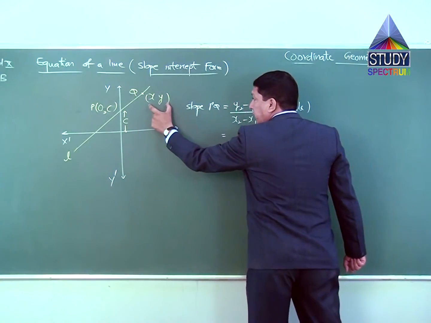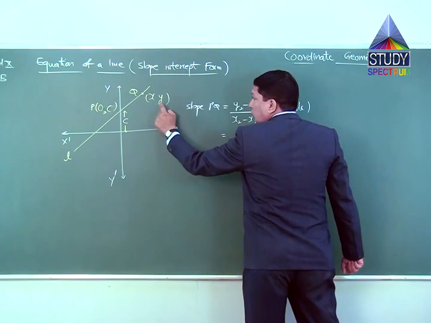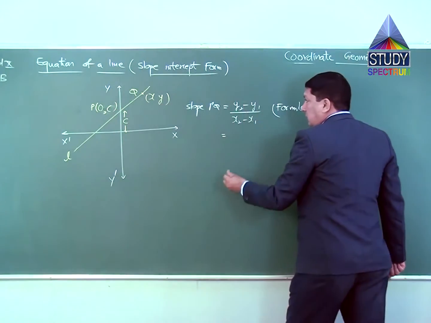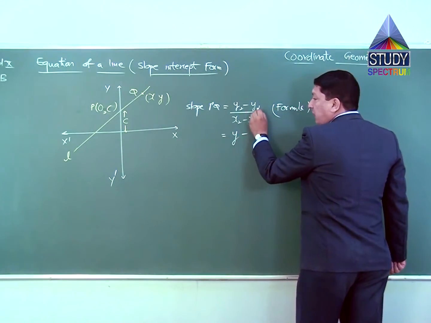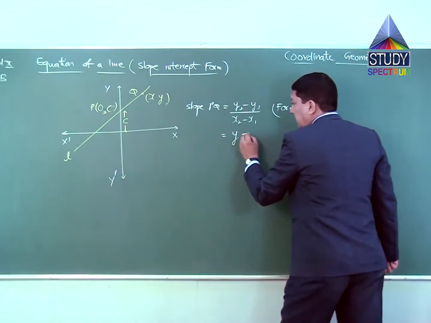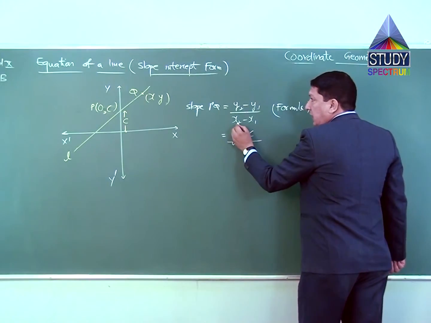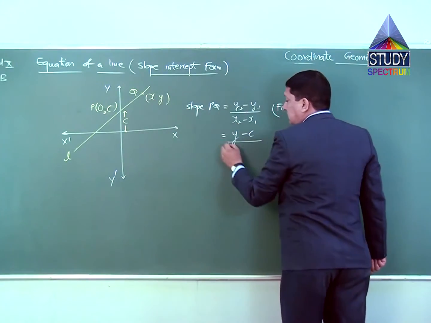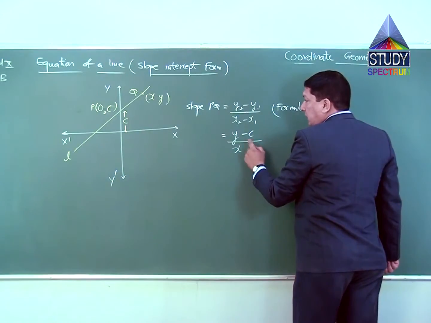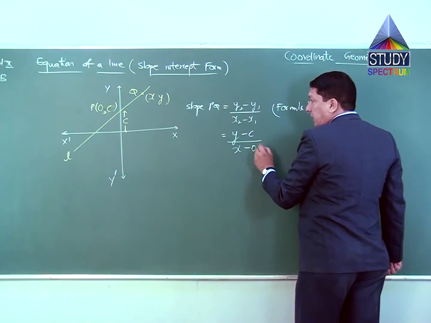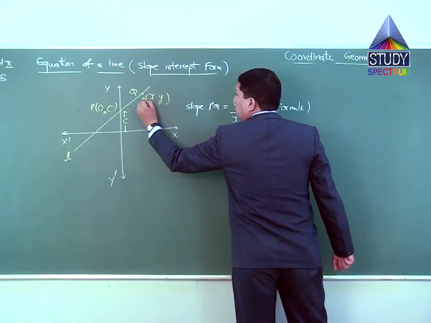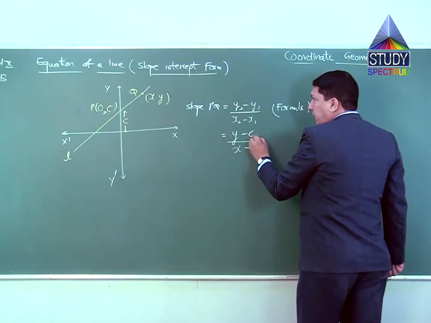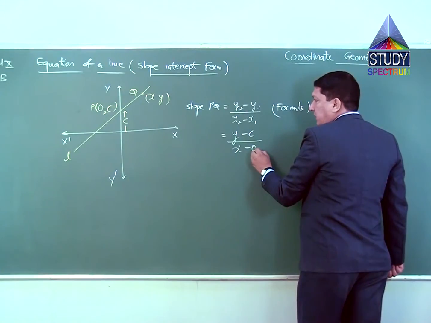So if you're taking this as x2 y2, x1 y1, so instead of y2 I can write y, instead of y1 I can write c, instead of x2 I can write x, instead of x1 I can write 0. You getting it? y2 minus y1, x2 minus x1.